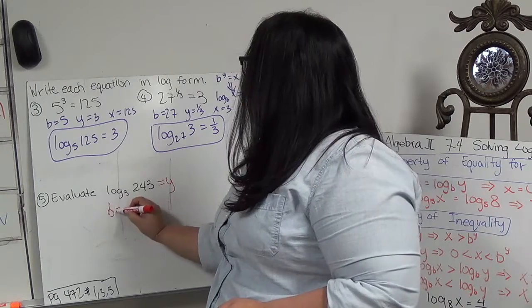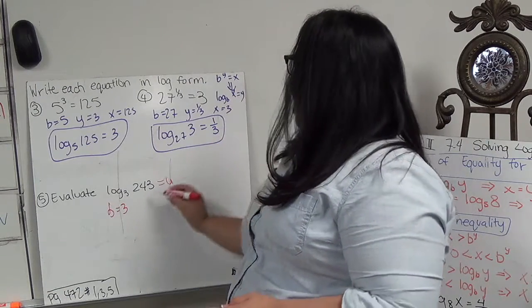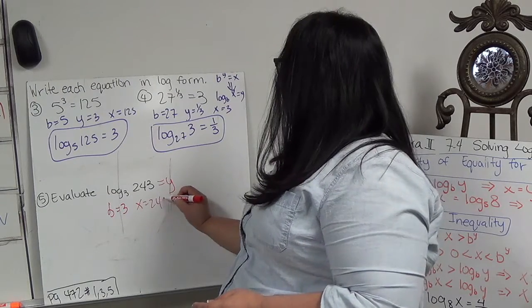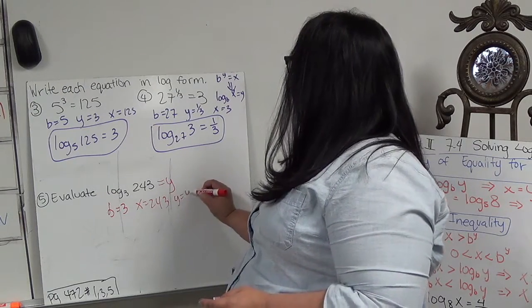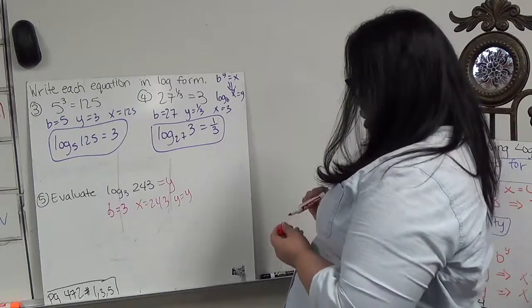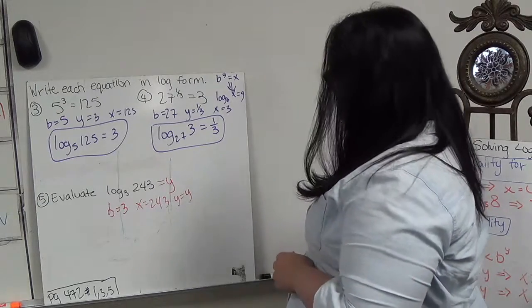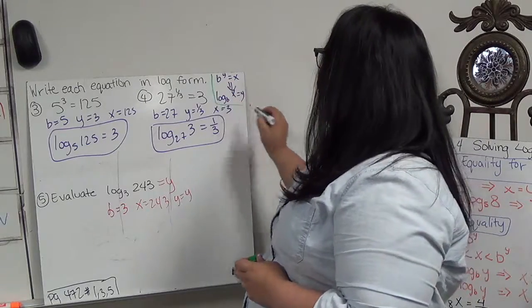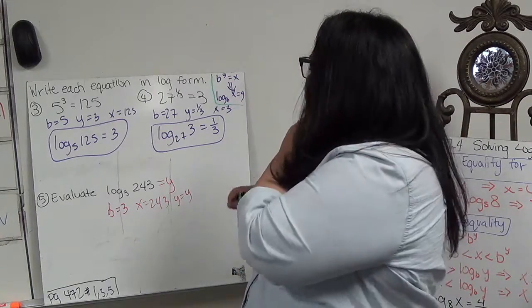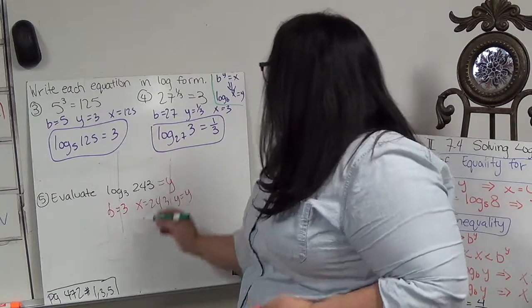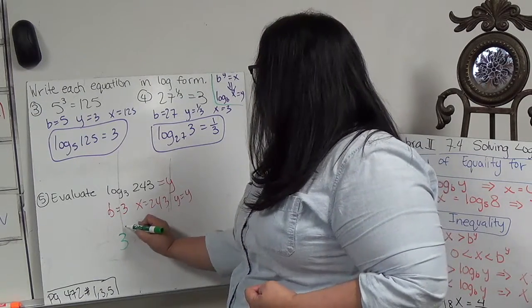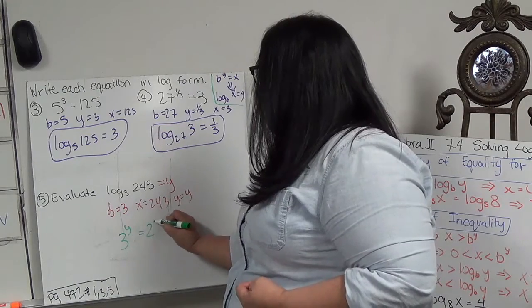My b equals 3, my x equals 243, and my y equals y, because we're solving for y in this case. So let's plug it in to make it look like this. This is my key that I'm using. We're going to do 3 to the power of y equals 243.